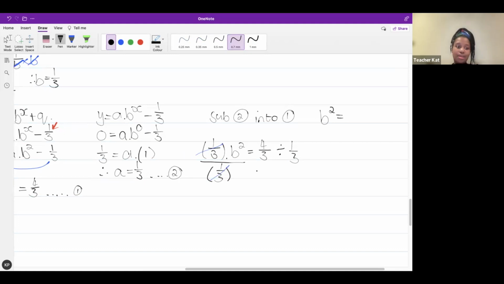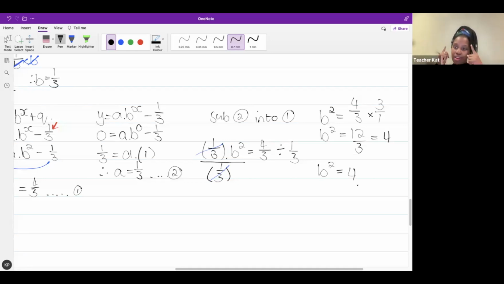We can tip it and multiply. So it's going to be 4 over 3 times 3 over 1. b squared is equal to 12 over 3, which is 4. So now I have b squared equals 4.